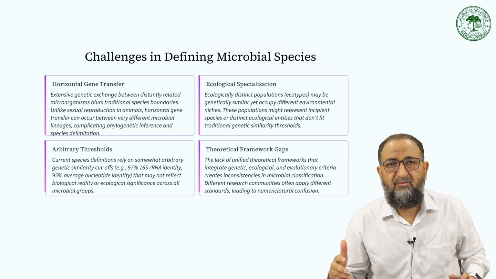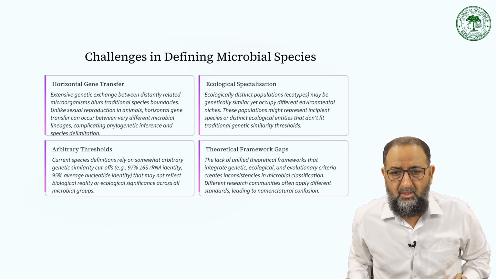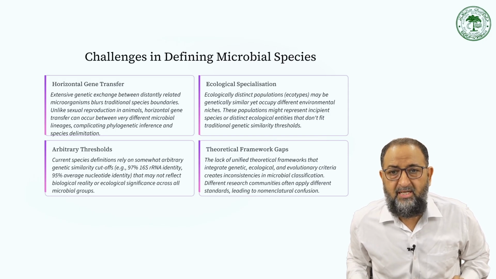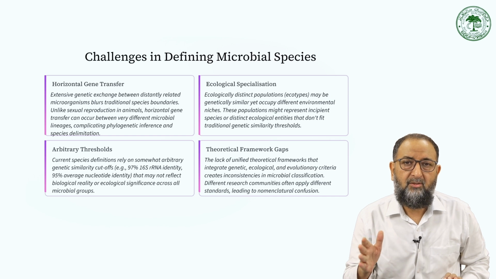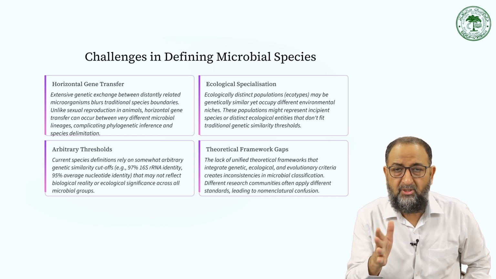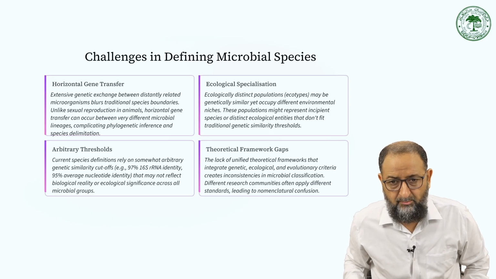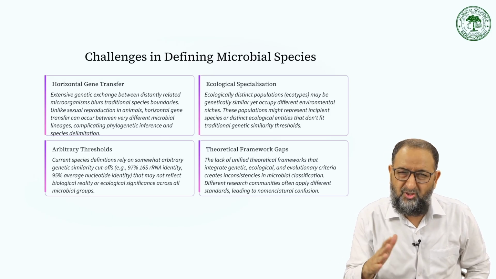So this kind of population variation can also be one of the challenges in defining the microbial species, because a lot of variation is found, and you have to sort out how they differ, and what the basis of the difference is between two species, on the basis of ecology or through transfer of genes from one species.